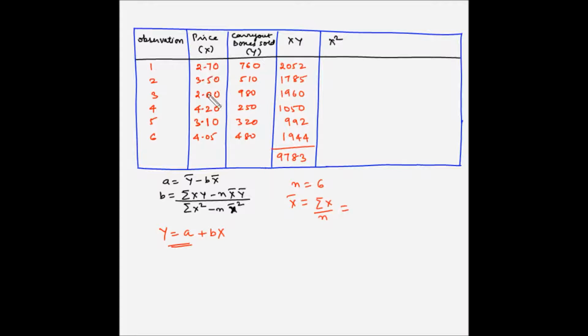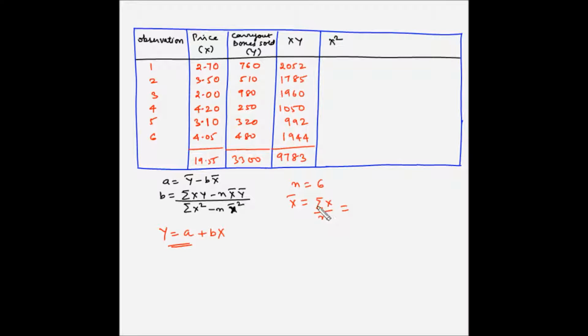Sigma x is the sum of all these values, so let's find that out. So sigma x is 19.55. Let's also find out sigma y because we'll need that to calculate y bar. So sigma y is 3300.